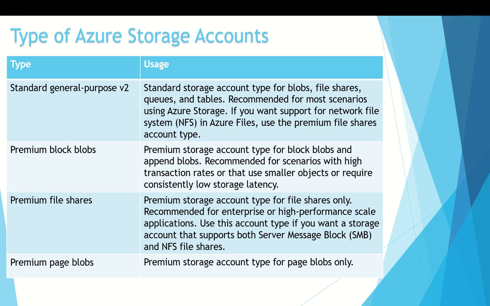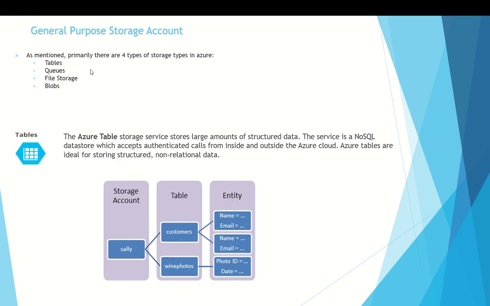Premium file shares is a premium storage account type for file shares only, recommended for enterprise or high performance scale applications. Use this account type if you want a storage account that supports both SMB and NFS file systems. Last but not the least is premium page blobs, a premium storage account type for page blobs only. We'll discuss these one by one.